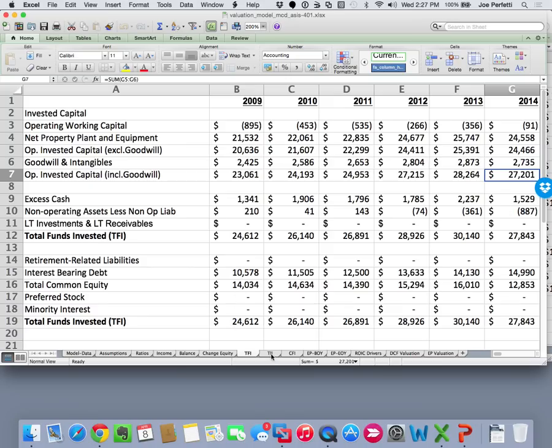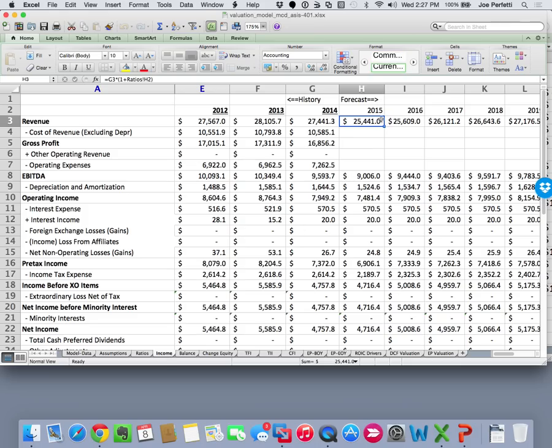McDonald's, which has revenue of $27 billion, has almost double the invested capital of Apple, which has revenue of $228 billion. How does that happen?